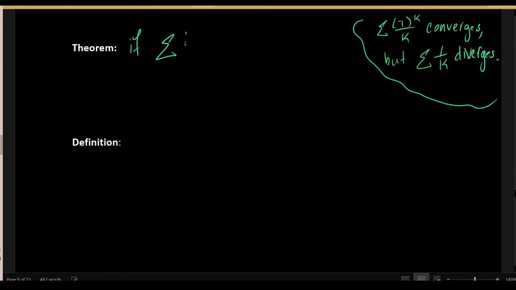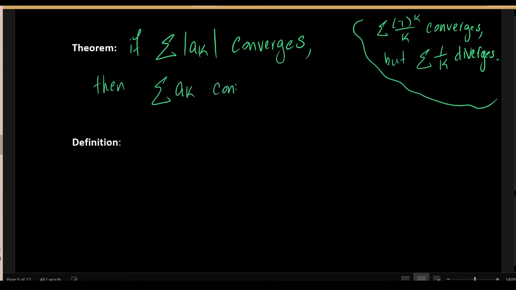If you can get the sum of the absolute values to converge, then the original series without the absolute value must converge as well. If you can get the difficult series to converge, then the easy series must converge as well.